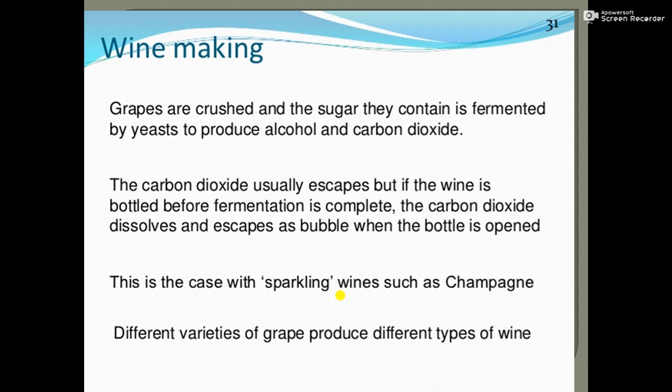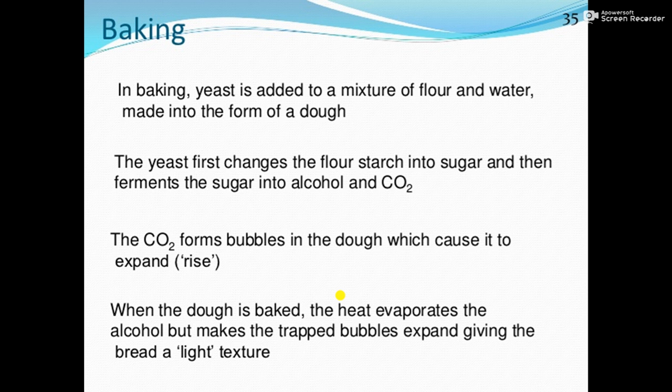The carbon dioxide usually escapes, but if the wine is bottled before fermentation is complete, the carbon dioxide dissolves and escapes as a bubble when the bottle is opened. This is the case with sparkling wines such as champagne. Different varieties of grape produce different types of wine.